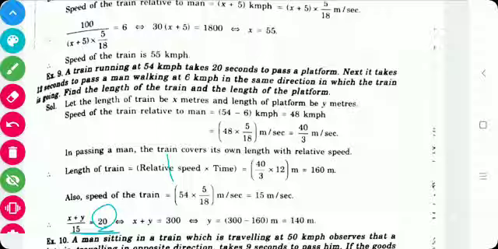So length upon speed is equal to time. So x plus y is equal to 300. As we know, the length of the train x is 160. So y is equal to 300 minus 160. So y is equal to 140 meter. The length of the platform is 140 meter.